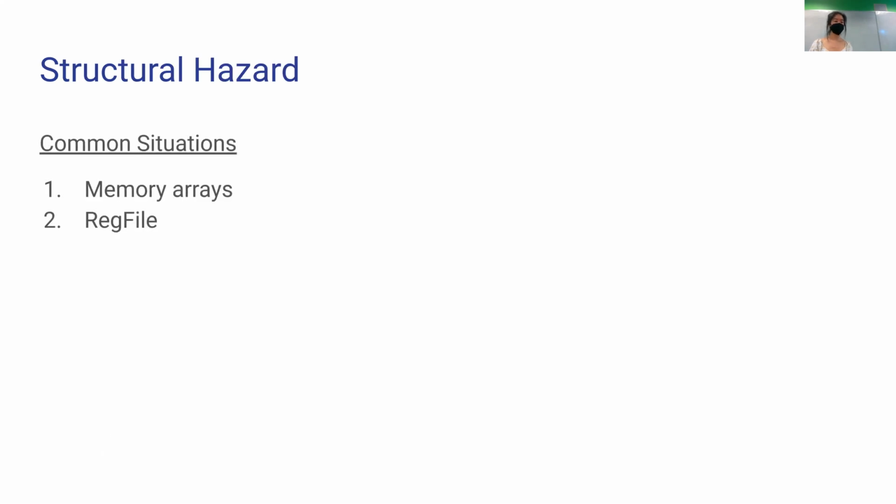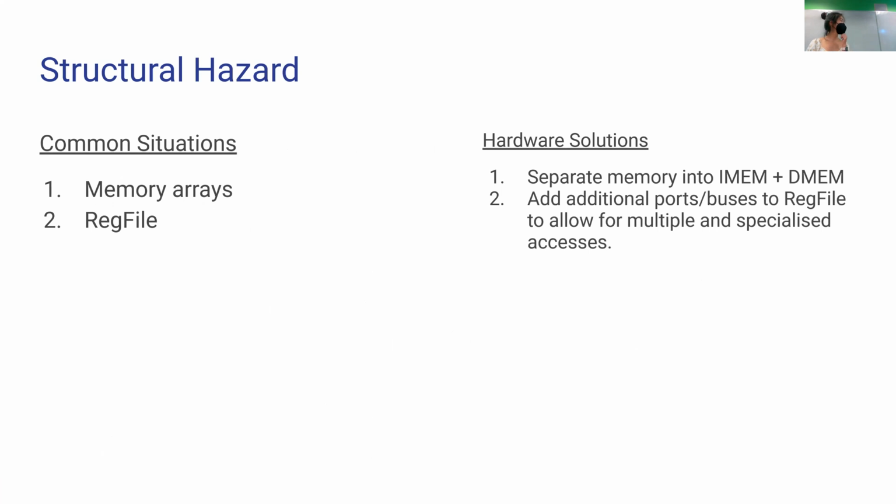So going through them. Again, I'll speed through the structural one just because we talked about it a lot already. Common situations are the memory array and the reg file, and we've already kind of solved them. So hardware is separated into instruction memory and data memory. And then we add multiple buses and ports to the reg file to allow for different and multiple accesses at the same time.